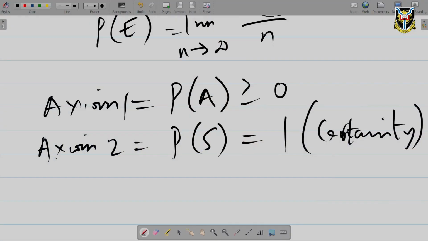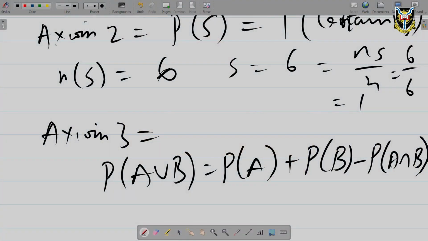The second axiom tells us that the probability of S is always 1, which denotes certainty, meaning that when you look at the probability of elements of the sample space, this will naturally be equal to 1. And the third one is the additive rule of probability, where we look at the probability of A union B to be probability of A plus probability of B, especially when A and B are mutually exclusive.